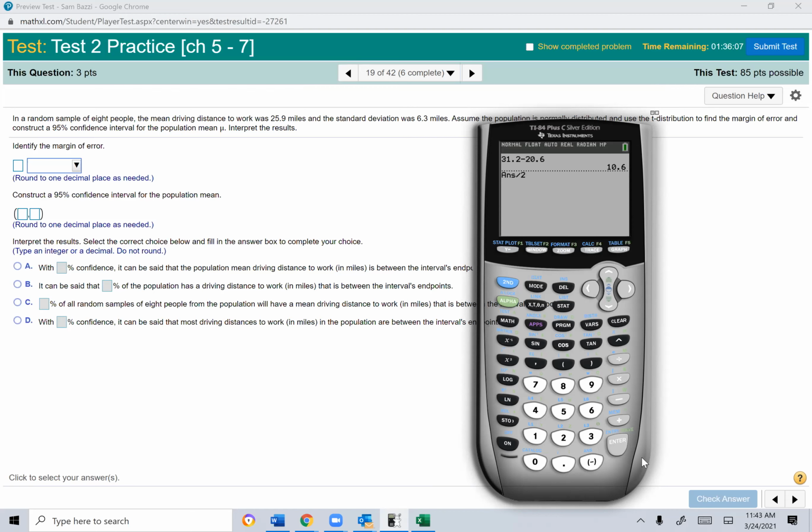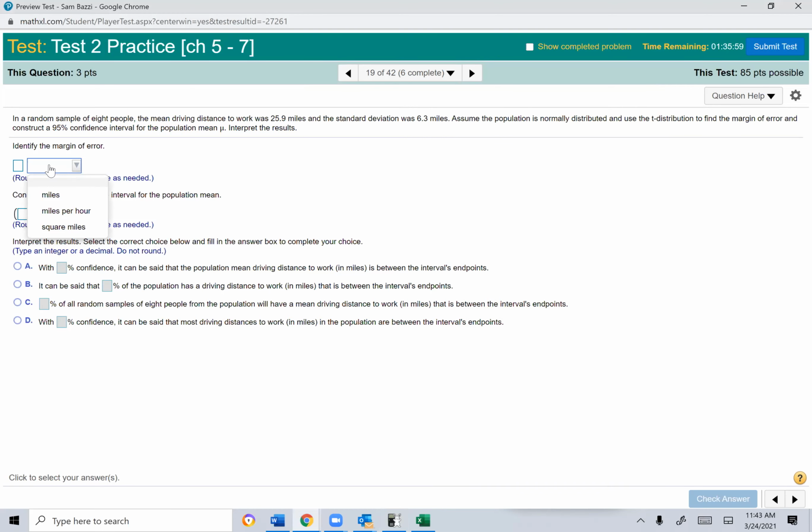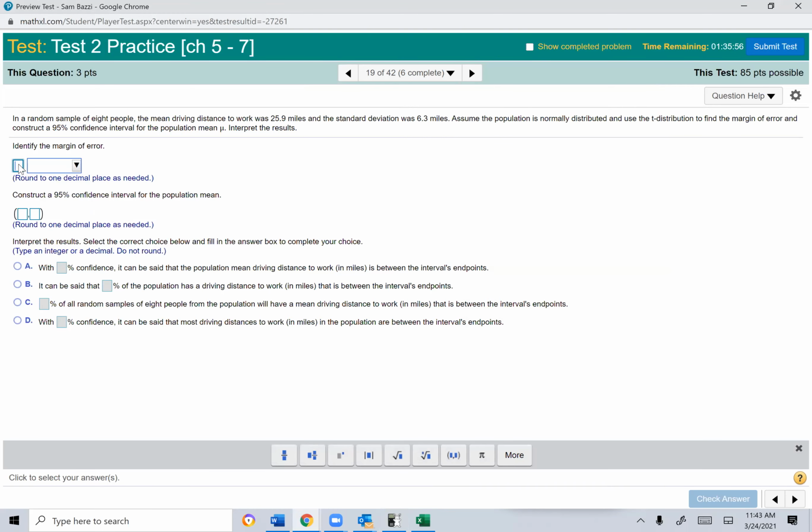By 2. There you go. 5.3. That's your margin of error. And he wants the unit. It's in miles because you're doing miles here. So in miles. All right.